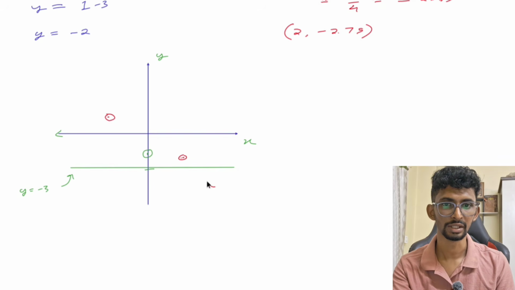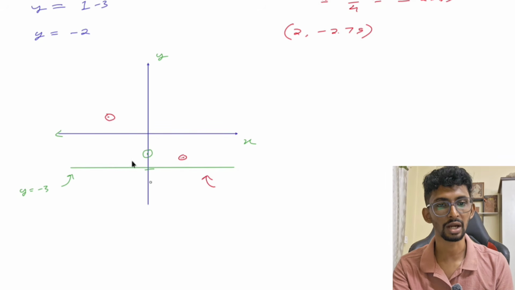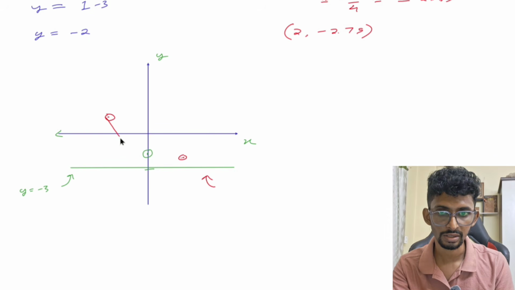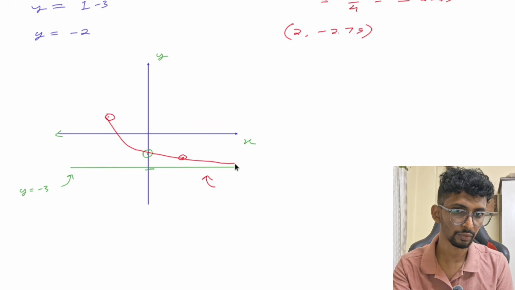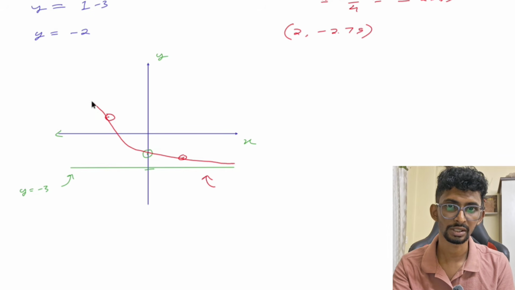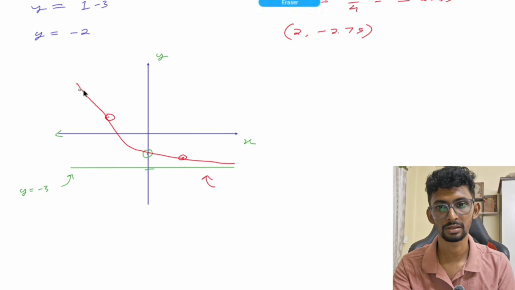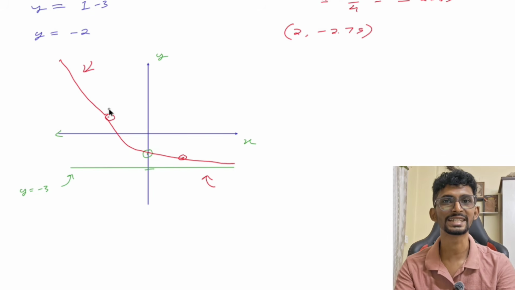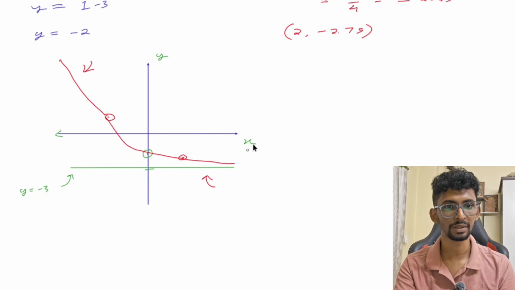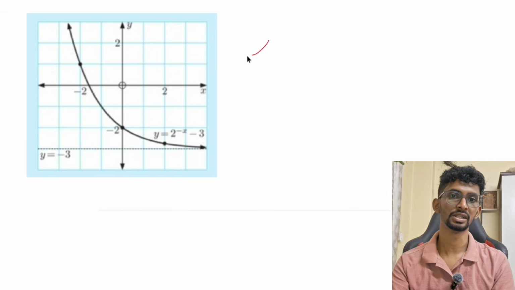Now this is a horizontal asymptote, so the graph will be something like this. It will try to touch, but it will not touch. Let me extend this one, something like this. It's not exact, I've just drawn with a pen tab. In your copy you can draw the exact graph, and it will be something like this.